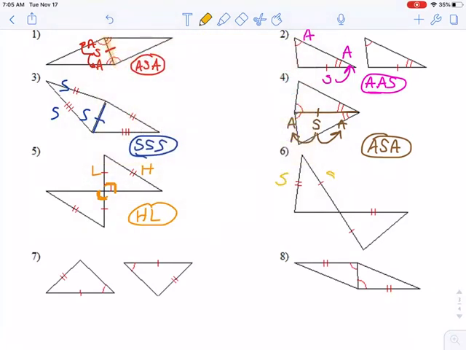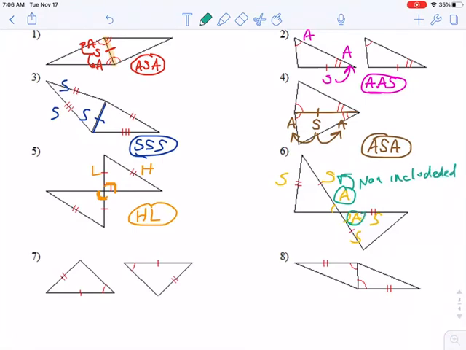We got a side, we got a side, we got an angle, and over here, look what's going on. We got a side. Notice how this angle only touches one side, so this is non-included.